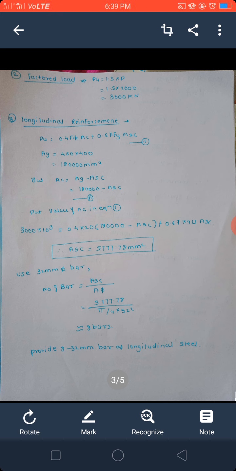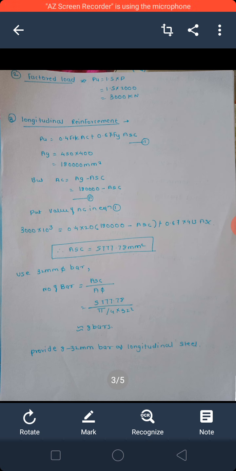In the next step, we have to find the percentage of steel to be provided in the column, which is given by Asc provided divided by B into D multiplied by 100. Asc provided is 6434, divided by B is 450 and D is 400.